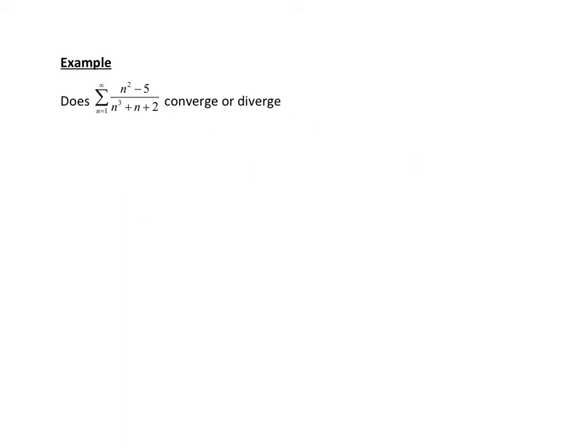So what we're going to do now is use the limit comparison test, and I'm still going to use 1 over n. So I'm going to let my a sub n series be n squared minus 5 over n cubed plus n plus 2.